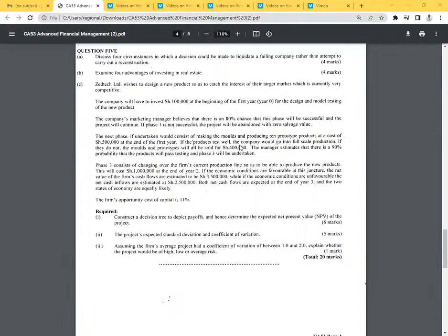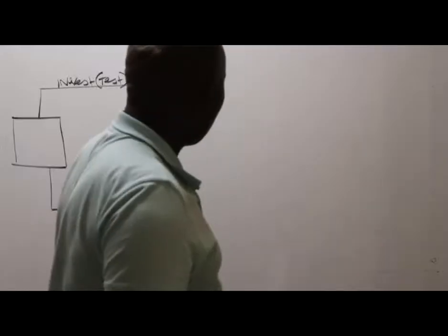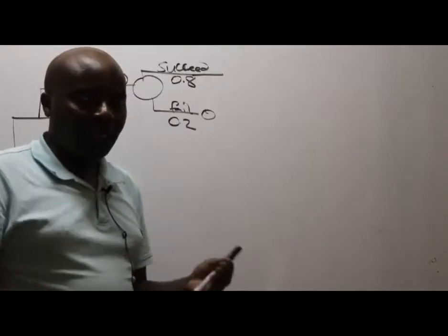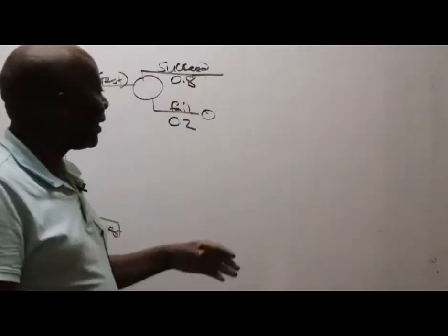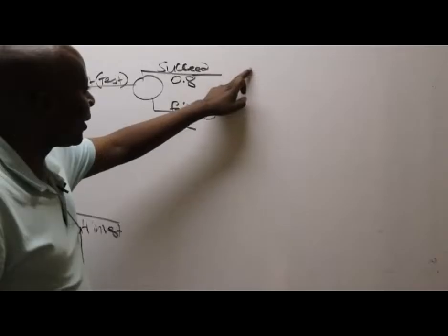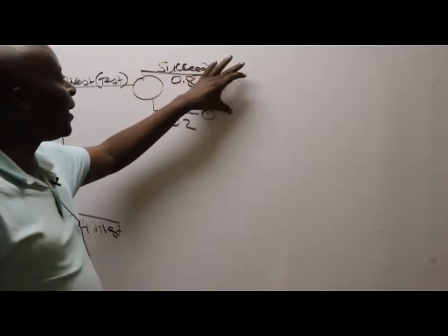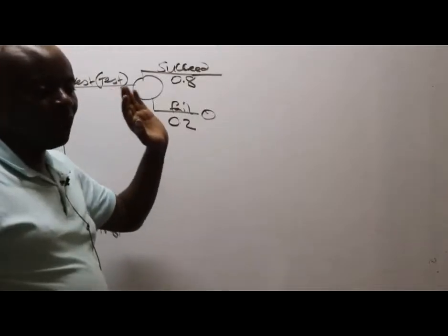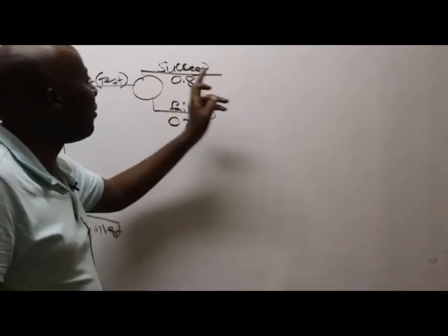If the products test well, the company would go into full-scale production. Listen, ladies and gentlemen, they've told us that if we succeed in this, then straight away we shall make the molds. So basically, I should not make a decision here like a box there, because if I succeed, I've already decided to make the molds. So it's like succeed and make molds.